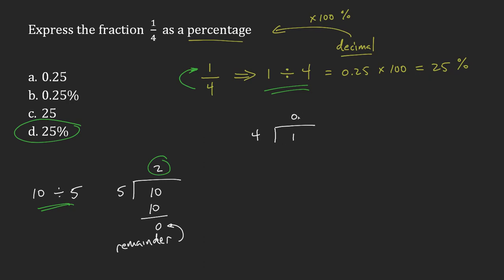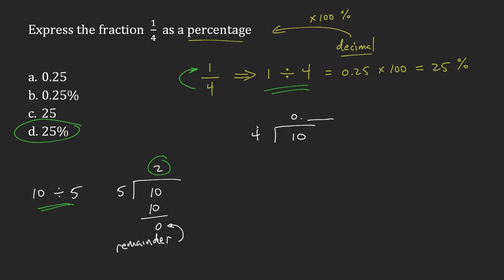But if you get a 0, put a decimal after this. There's going to be some values here. The way I can figure out what these values are is I tag a 0 onto the 1 there. So now it's become a 10. You can do that if you put this decimal in.